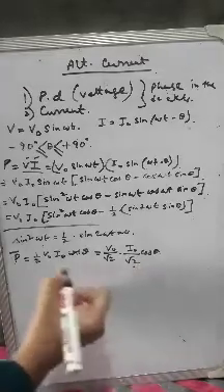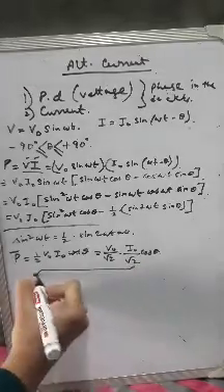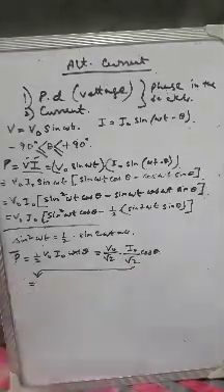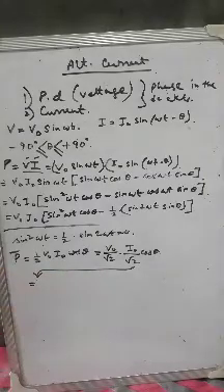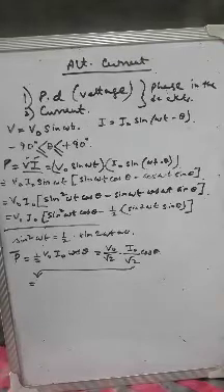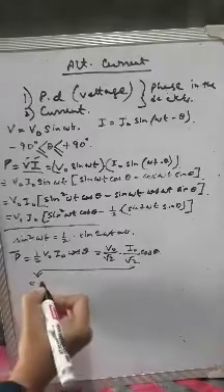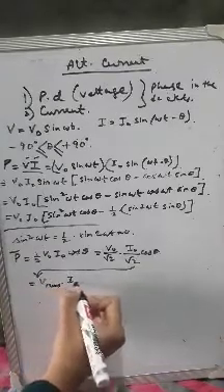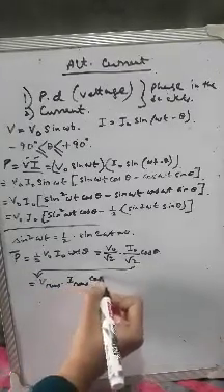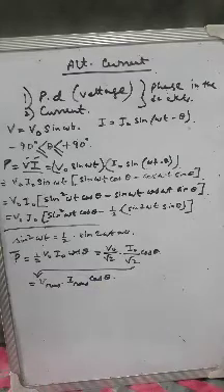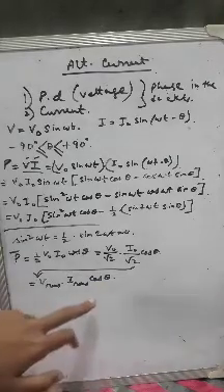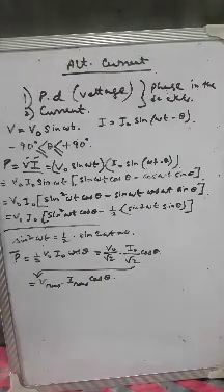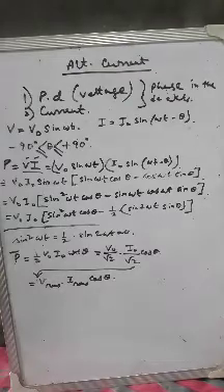So from this step, V naught by root 2 and I naught by root 2 is just VRMS and IRMS, so P bar equals VRMS IRMS cos theta. This is the expression for the average power in the circuit.